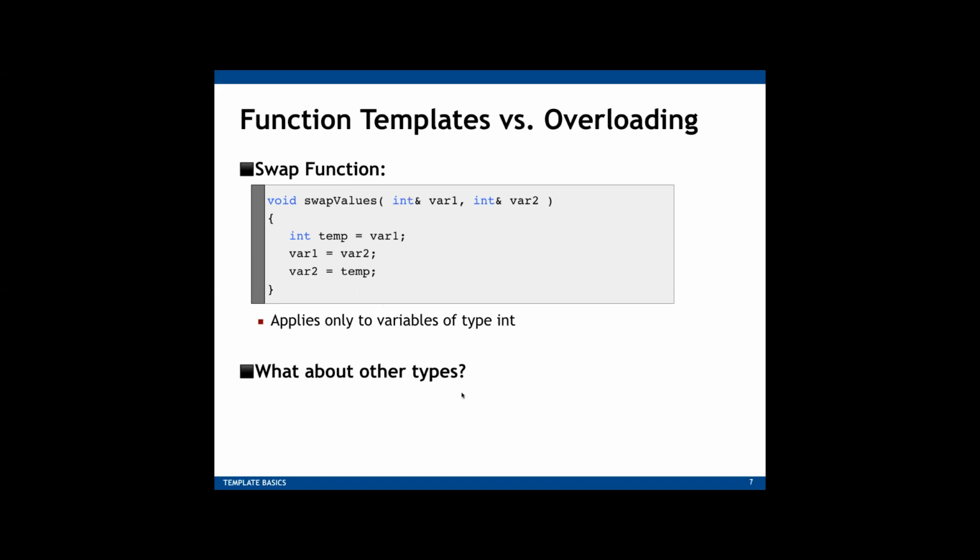What about other types? Does this function also work with double types and character types as well? I don't think so, because it receives int type values.